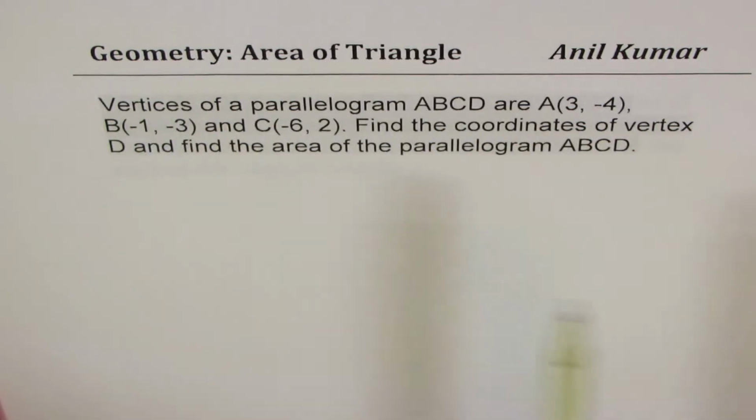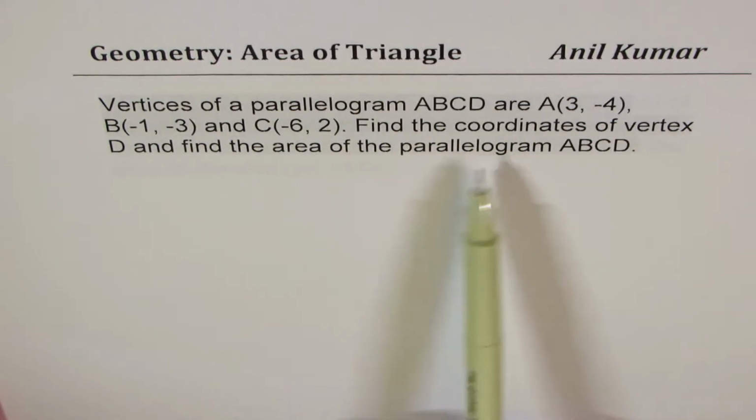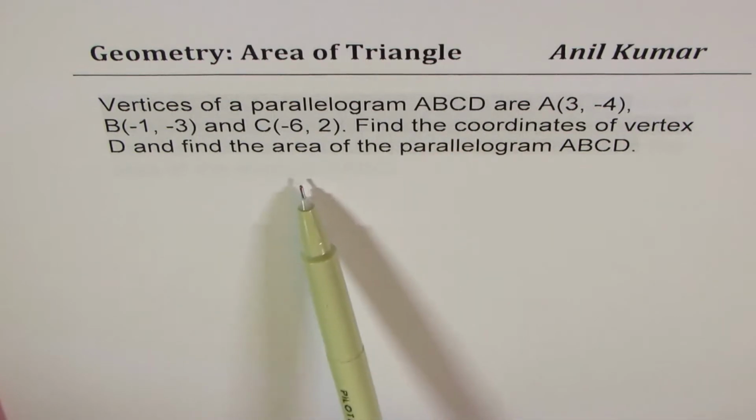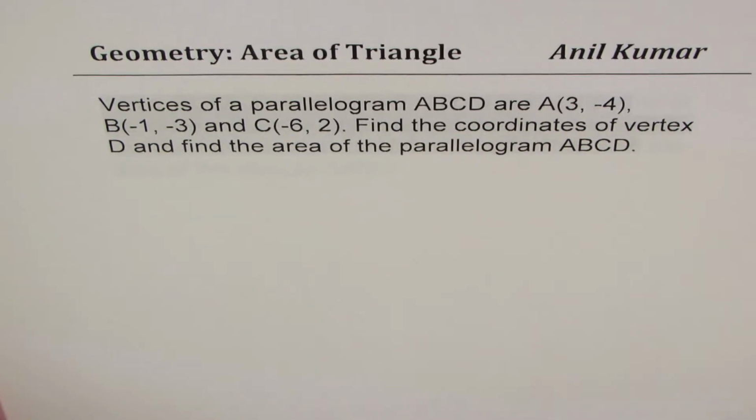Well, think about it. In a parallelogram, the diagonals bisect each other, right? So that is the concept which could be used here. So I hope you find these questions interesting, that kind of extension to what we did, and they'll help you to review this unit on area of triangles.